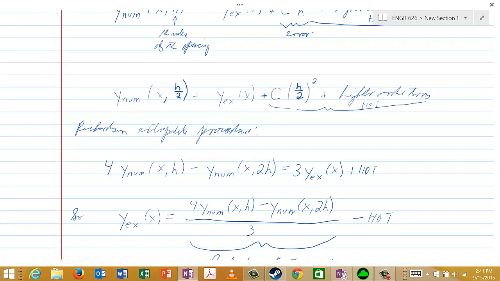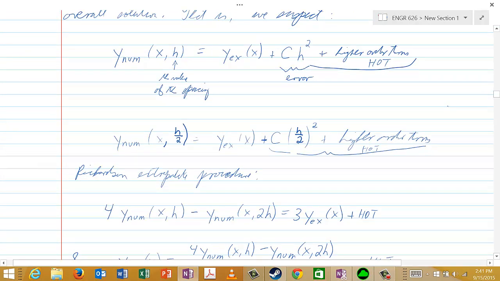And of course, that will be h squared over 4. Again, when we square out this h over 2, that'll give us h squared over 4. And so I'll just put down here c over 4 times h squared.